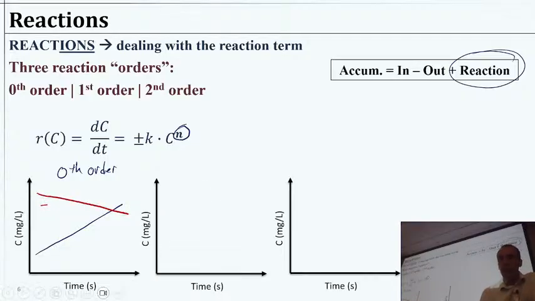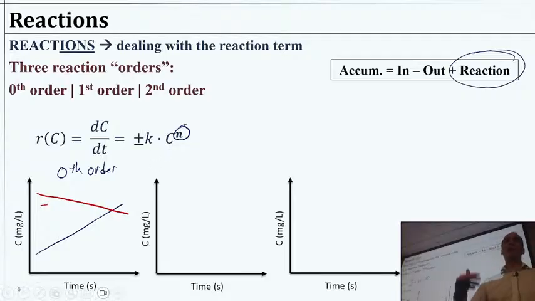Now, a first order, this is the example of money in a bank account, with interest. You're earning some percentage of what's there. So a good way to look at first order reactions, because we've dealt with it a lot, we kind of know what's going on there. We can just simply say the change in our concentration over time is equal to plus or minus k times c to the 1 power.